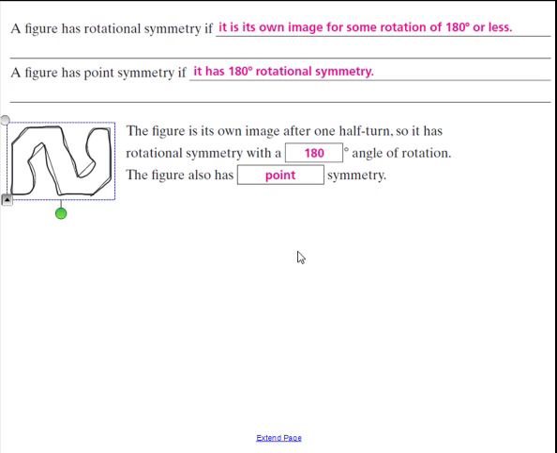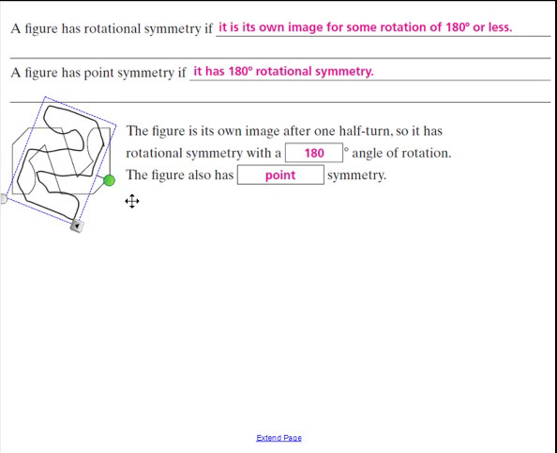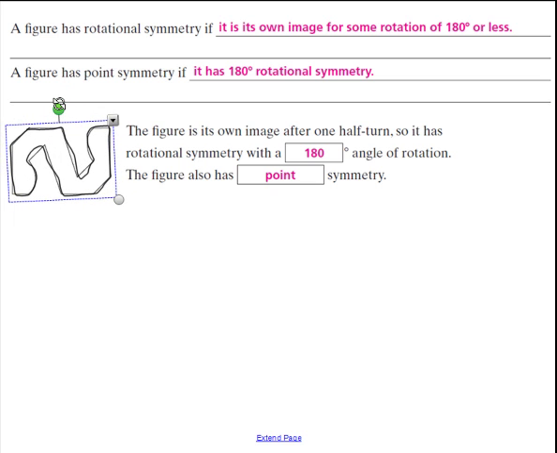Notice we get the same thing, right? So that was only 180 degrees. Obviously any image, if we do 360 degrees, we'll be right back to where we started. But point symmetry, a special type of rotational symmetry, is when it's exactly 180 degrees, which we can see here.